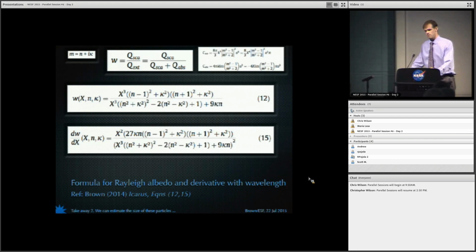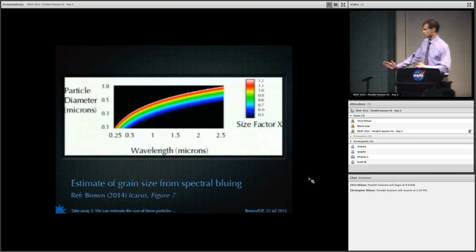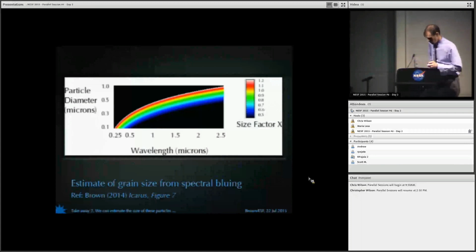And we can use this, the Rayleigh scattering assumption, to estimate where the most likely places in the spectrum are for spectral bluing to take place, given that you have a certain particle radius. We can turn this into a plot, skipping over all the math now, for the most likely spot to find spectral bluing occurring.